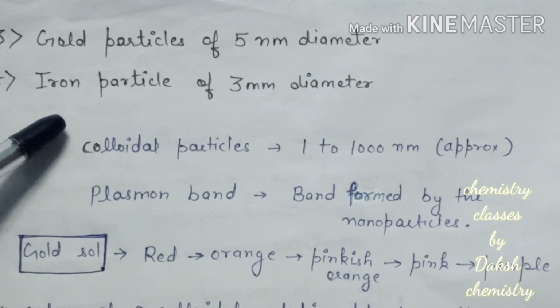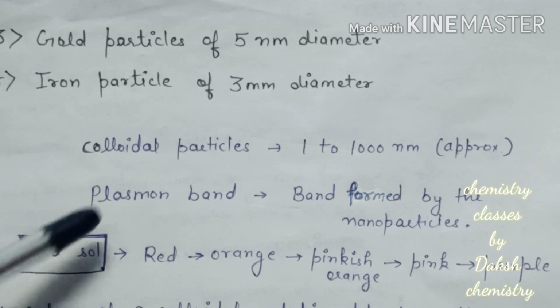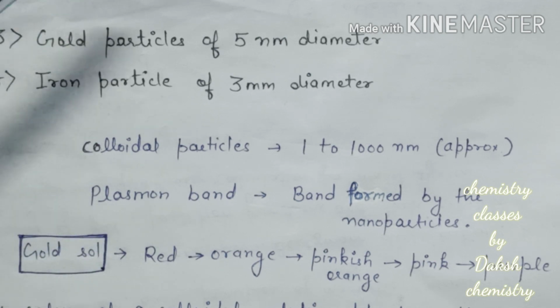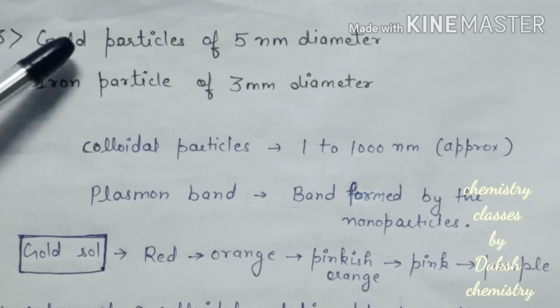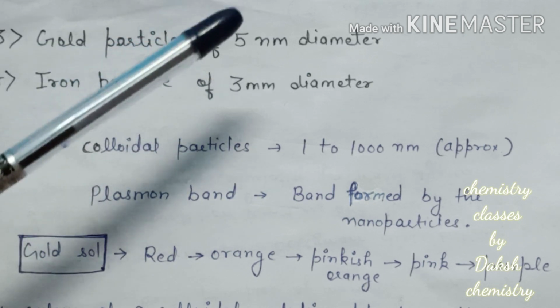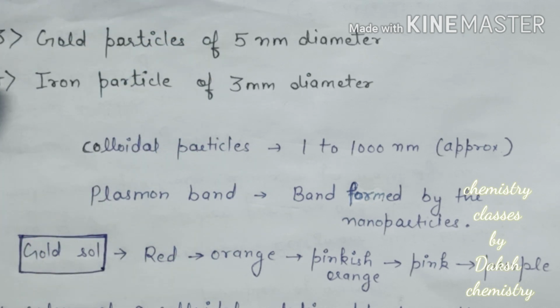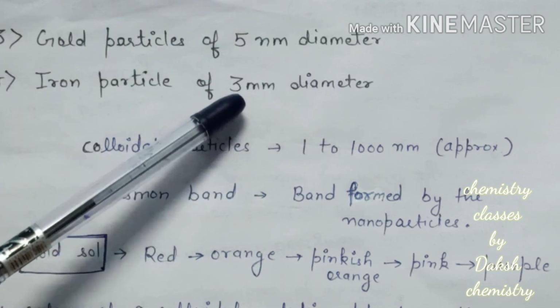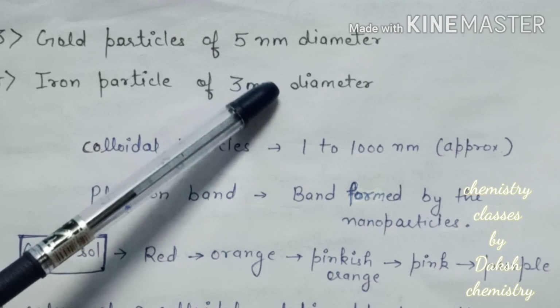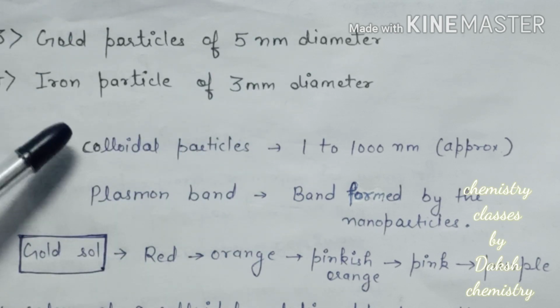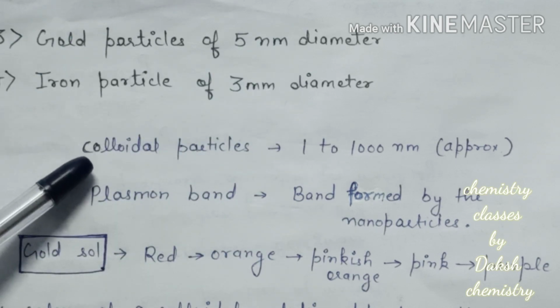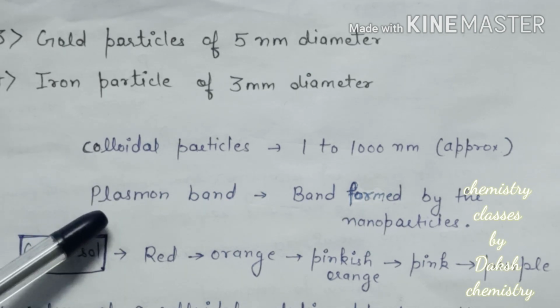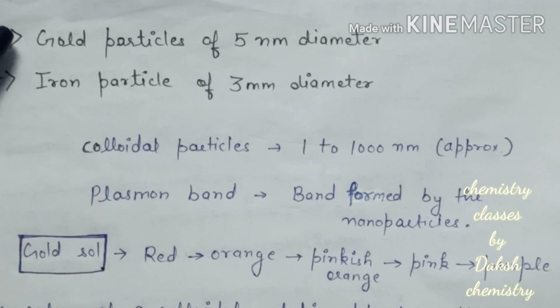Based on these two pieces of information, we can say that our correct answer is gold particles of 5 nanometer diameter, because in the other three options the diameter is given in millimeters, and we are talking about colloidal particles and plasmon bands. So our correct answer is this one.